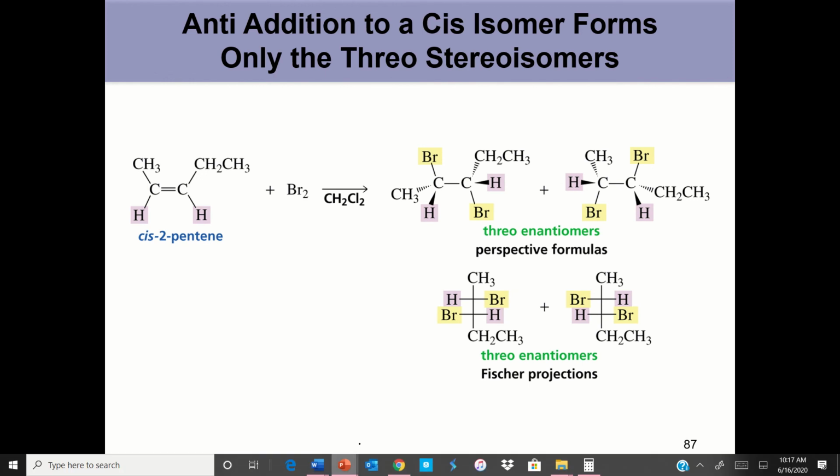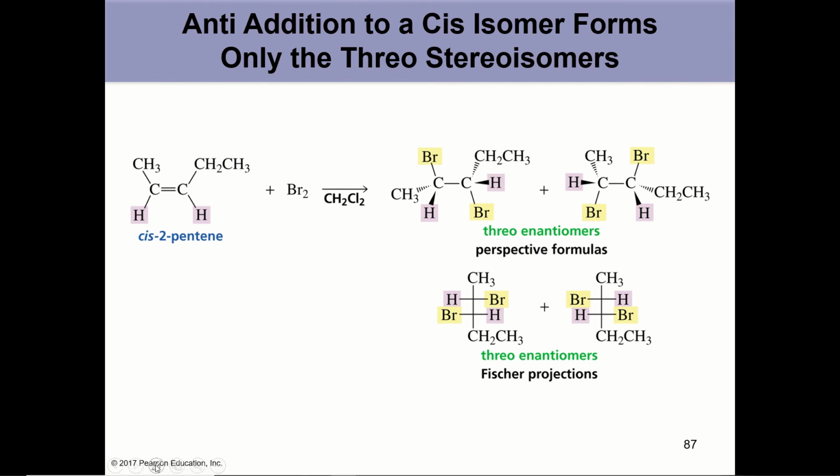So we can look at examples of this reaction. If we have a cis alkene and we do the dihalogenation of an alkene with completely unreactive anhydrous solvent, not participating in the reaction, dichloromethane, what we get is that one bromine adds up, the other bromine adds down.